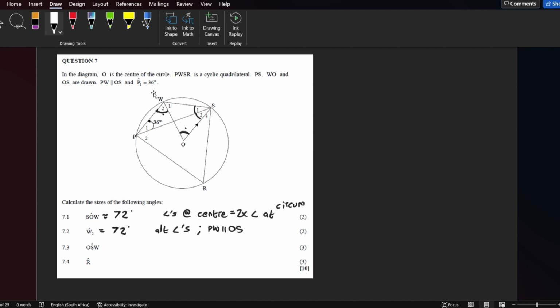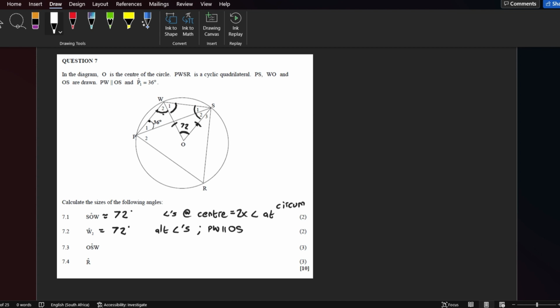Question 7.3 asks us to calculate angle OSW, so that angle there. And we see that angle OSW lies in this triangle SOW, and this triangle comprises of two radii, because O is the center of the circle. So those two lines are equal, which means W1 and OSW are equal, and we already know that this angle is 72. Therefore, we can calculate the value of the two unknown angles. Why?